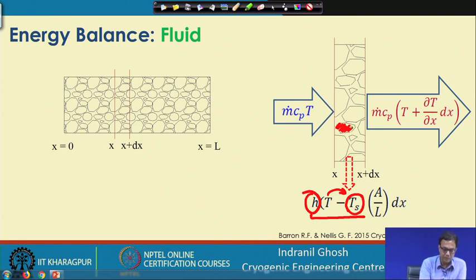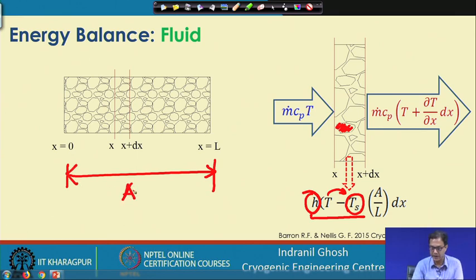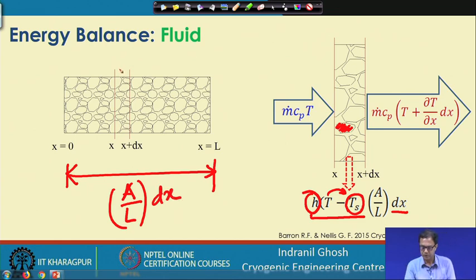We have considered that for the length L we have some area A, so in the length dx we have A by L into dx area associated with this region. So h into A by L into dx is the area, and this is the temperature difference. That is the amount of heat that will be transferred from the hot fluid to the solid particle.